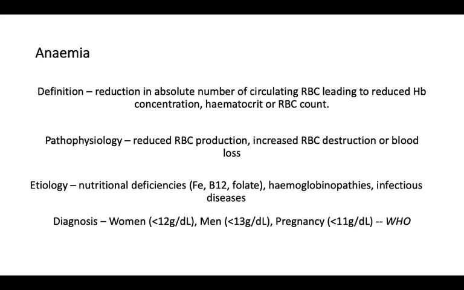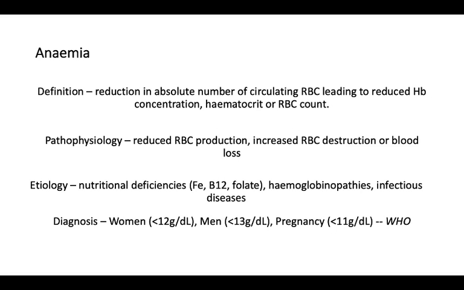Okay, so our first topic is anemia. This is a priority 1 topic in the syllabus, so we will go into more detail on this. Anemia can be defined as a reduction in the number of circulating red blood cells, which leads to a reduced hemoglobin concentration, hematocrit, or red blood cell count.